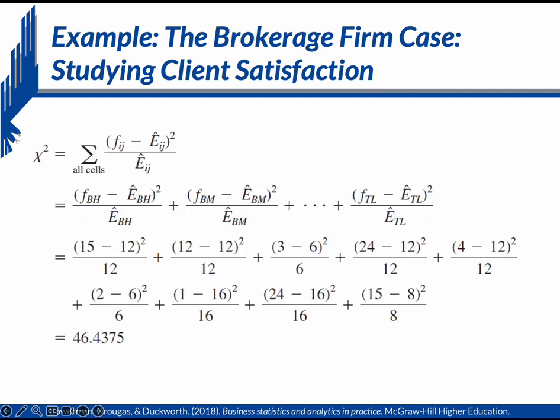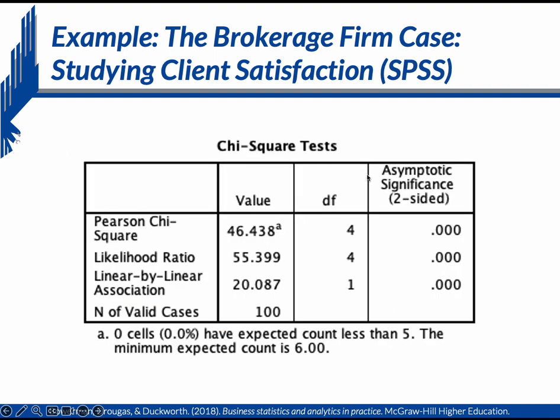That's 46.438. SPSS gives us the p-value, and this is less than 0.001, which means that even at a lower value of alpha, which is 0.001, we can still reject the null hypothesis. Therefore, we have extremely strong evidence to support the claim that there is an association between the type of fund purchased and the satisfaction rating.